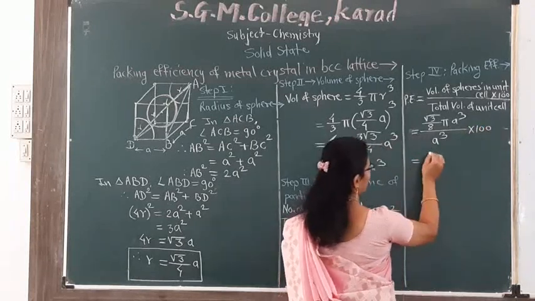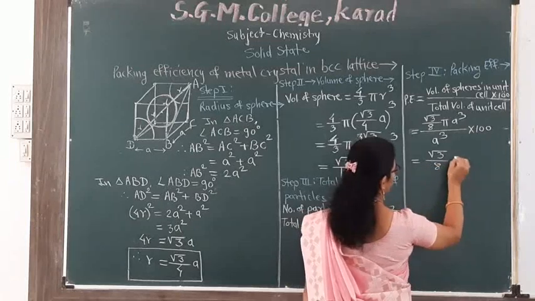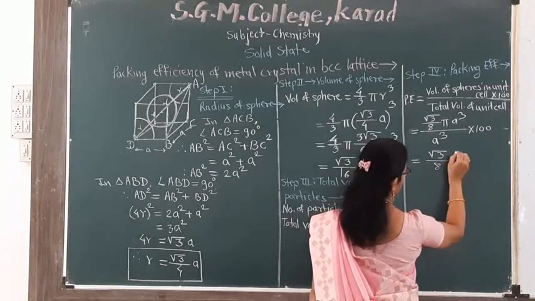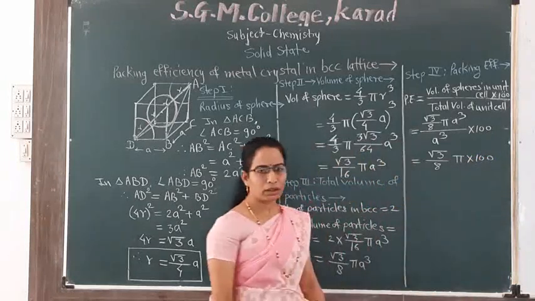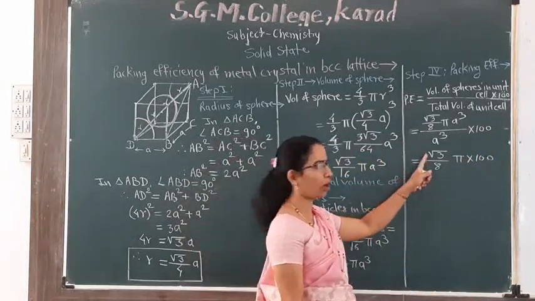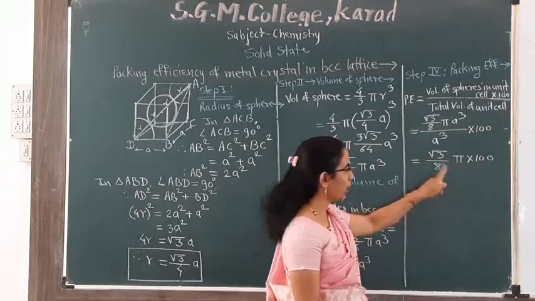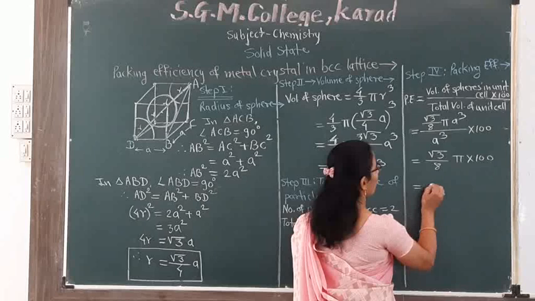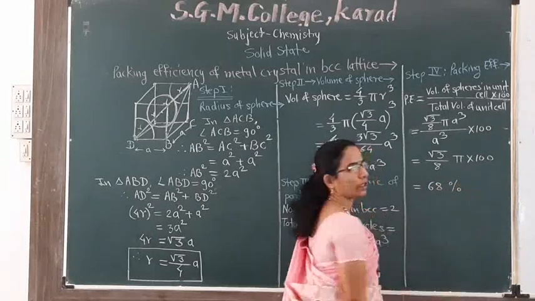Now what do you obtain here? Root 3 upon 8 into pi into 100. If you put the values of root 3 and pi in this equation and do the calculation, you will obtain the value as 68%. Okay.